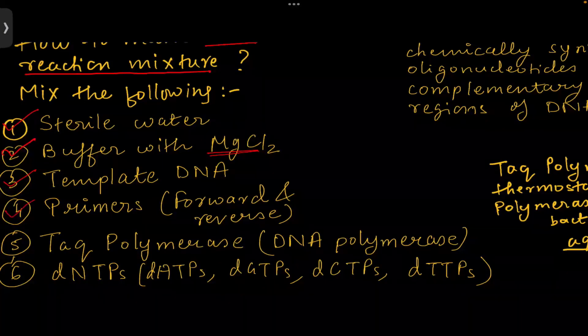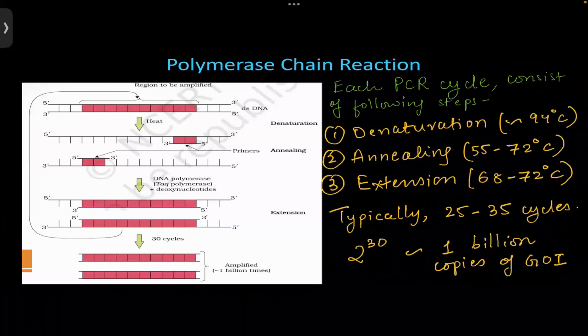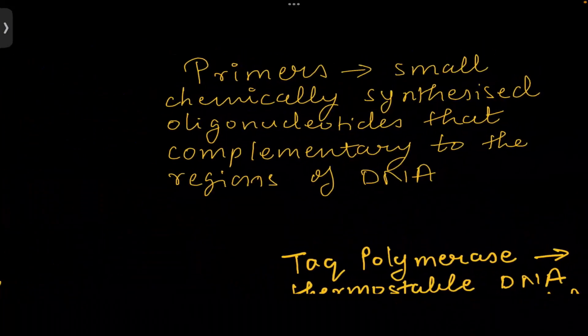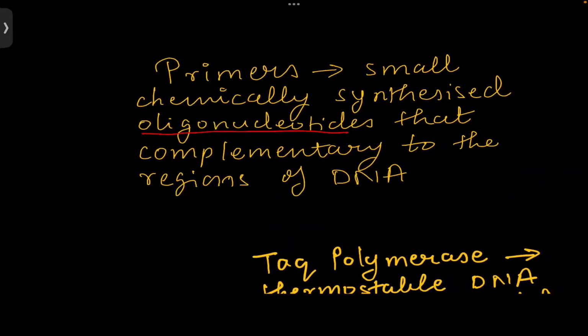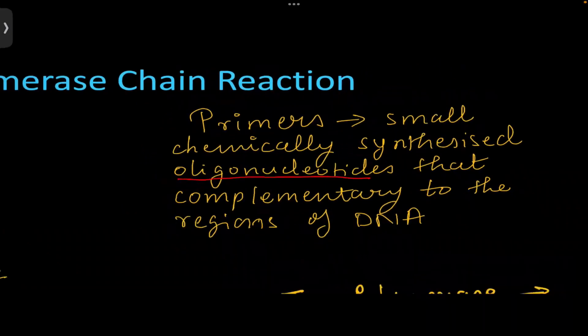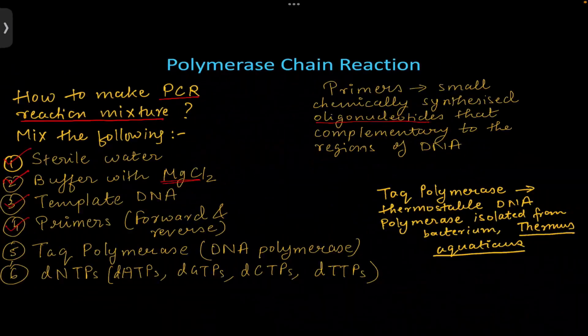Then you need to add primers. So what are primers? Primers are small chemically synthesized oligonucleotides that are complementary to some region of a DNA molecule. Now these primers can be oriented either in the forward direction or in the reverse direction. You will understand the significance of each of these components in the PCR reaction in the next slide.